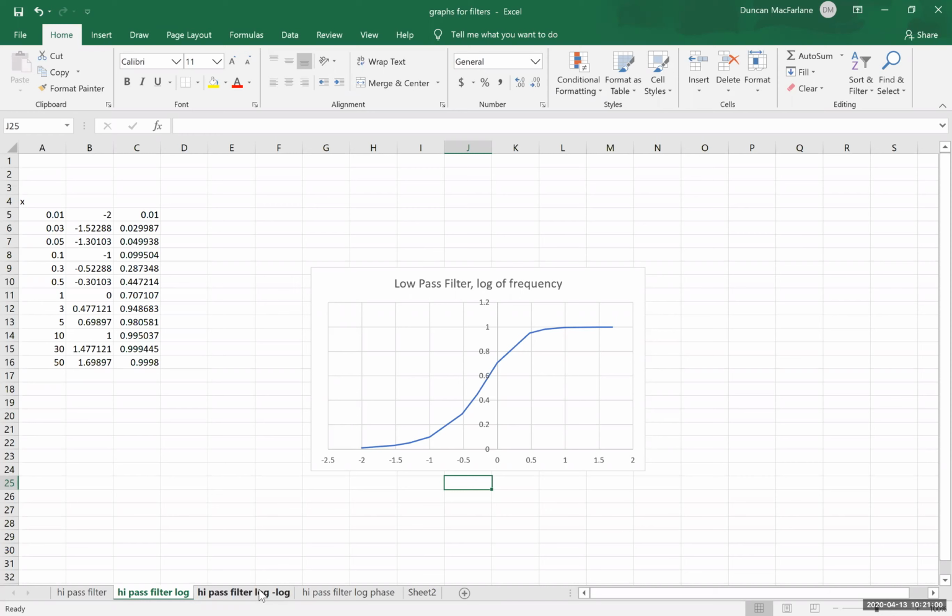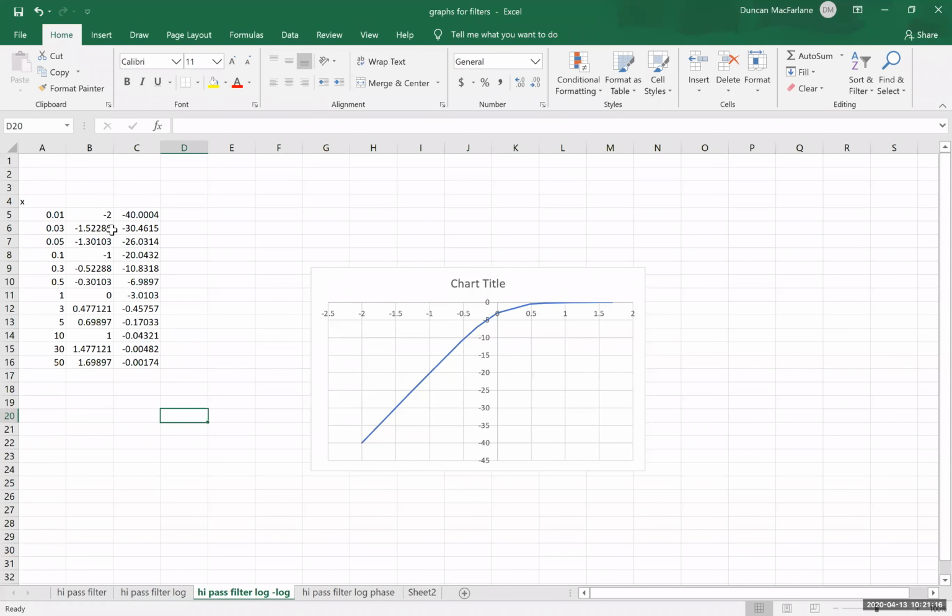Now, the other thing that is often done is to convert this linear vertical scale to something called decibels or dBs. And a dB is 20 times the log of the ratio of the voltages. It's 10 times the log of the ratio of the powers. And I'll let you chew on why that is. But it's 20 times the log of the ratio of voltages.